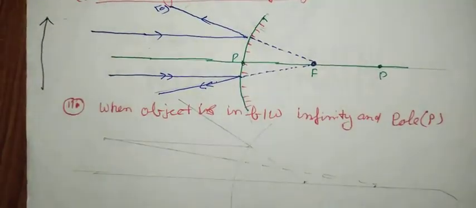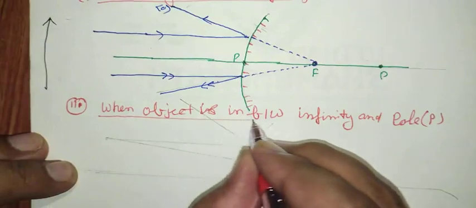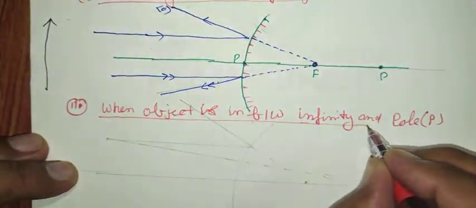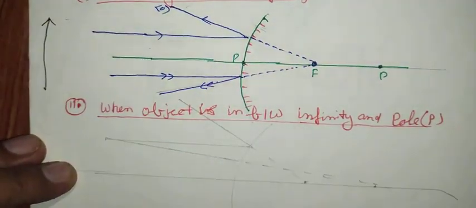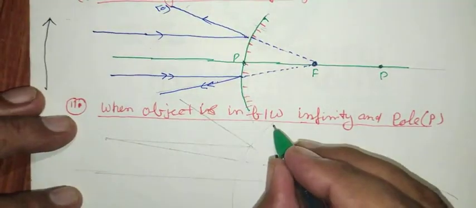Now the last point, the formation of image by convex mirror when the object is in between infinity and pole, at any point. So let us see this.